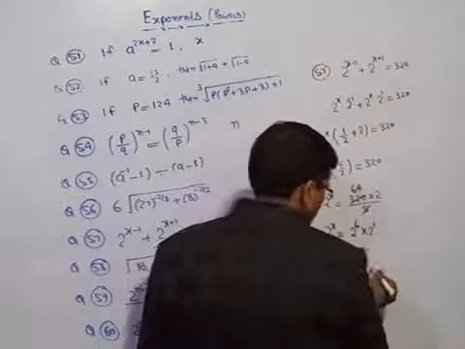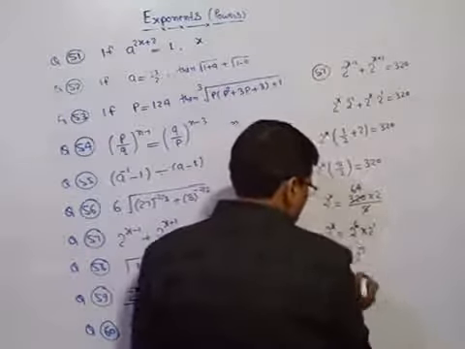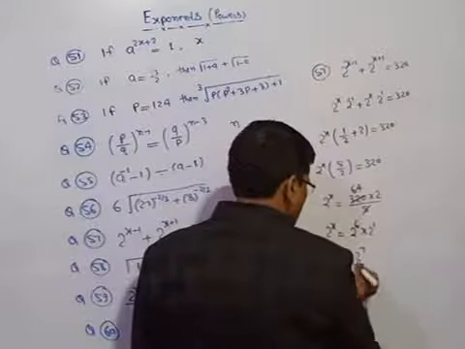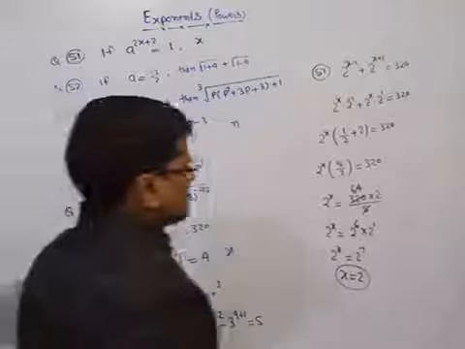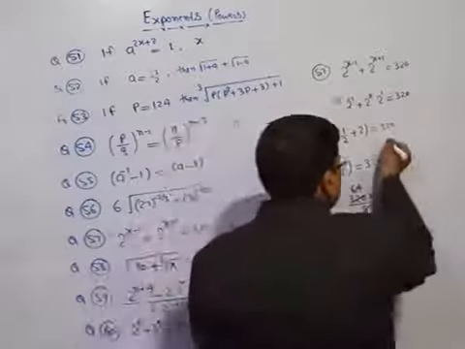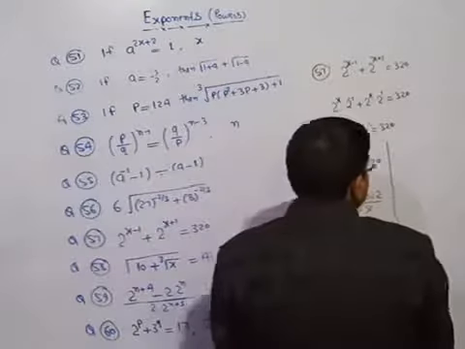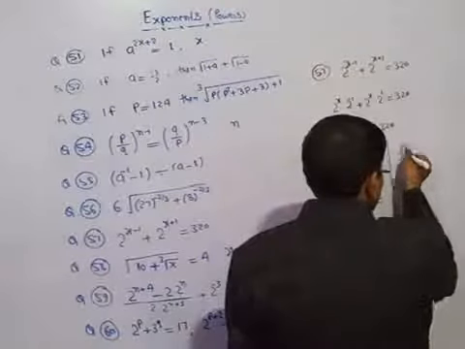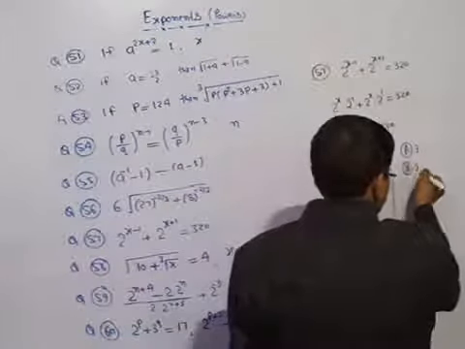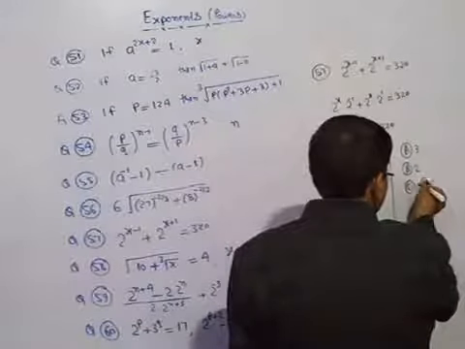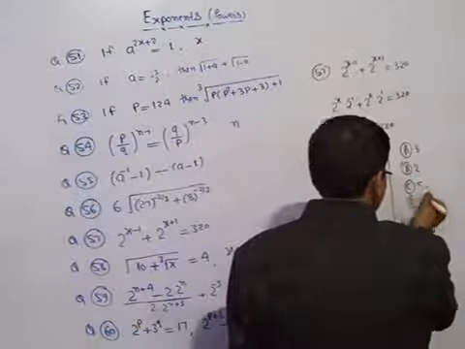Comparing the powers, the value of x equals 7. If this question comes as an MCQ, the options given are x equal to 3, x equal to 2, x equal to 5 and x equal to 1.